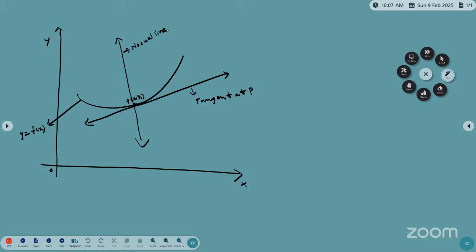And the normal line is a line which is perpendicular to the tangent. Here, see, this is the tangent. This is the normal. And what is the angle between these two? 90 degrees.